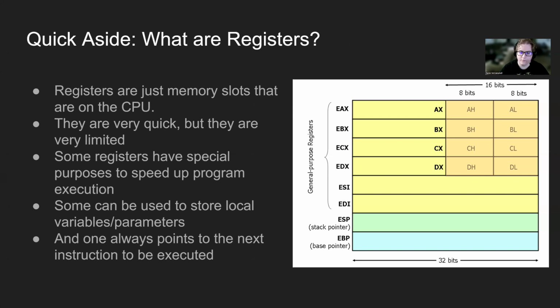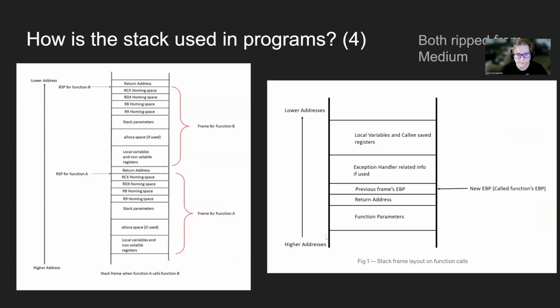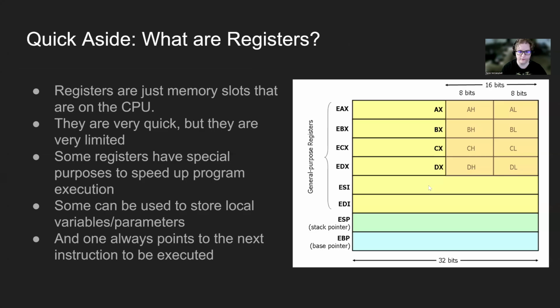So one thing that's important to point out is ESP and EBP are both used for the stack. If we go back here, you can see that in 32-bit assembly, each function has a base pointer, which points to the base address in the stack of a function's frame. We have to store the base pointer as well, so we can restore it after we call a different function. So the base pointer is related to the stack.